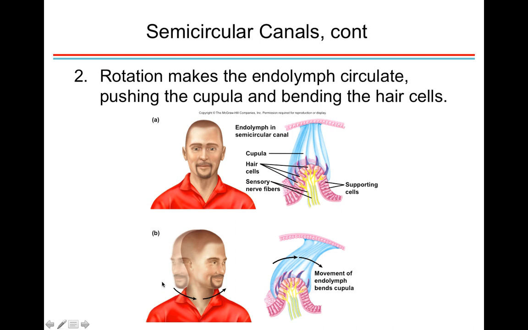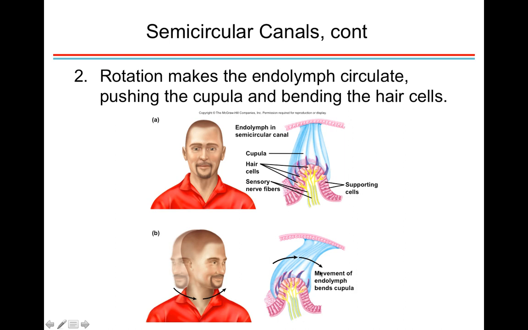He's looking to the right, and now he's moving to the left. In the semicircular canal, there'll be movement of the endolymph, and it's going to bend the cupola. It's more straight or vertical, and it's going to start bending.